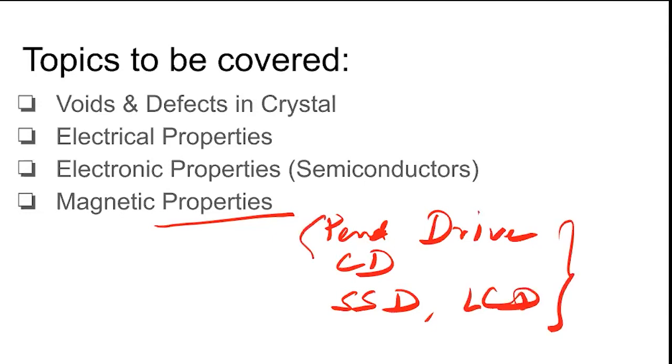These all depend upon the magnetic properties of the medium used inside the device, and how data is stored on magnetic tape. It used to be stored earlier, now also in different forms, and how it can be erased and reused. All these things are because of magnetic properties of certain materials, which depend upon the atomic structure.